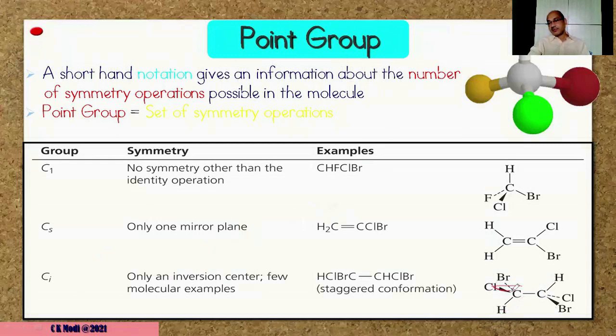Therefore, center of symmetry i is present. If I start through the center, on the other side we get the same atom, that is chlorine. So i is present. In this molecule the rest of the symmetry elements are absent. Only identity E and center of symmetry i are present. Therefore, the point group is Ci.